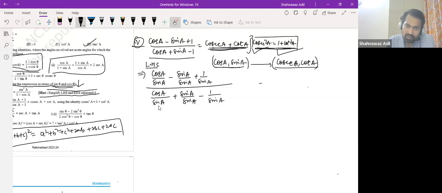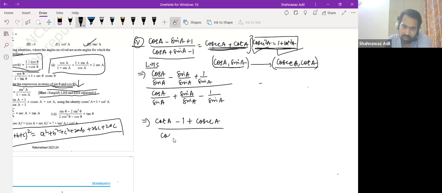Then what will we have? This is cot A. This is 1. The third term is cosec A, right? And then we have cot A, and then this 1, and then minus cosec A. So we have these two relations.